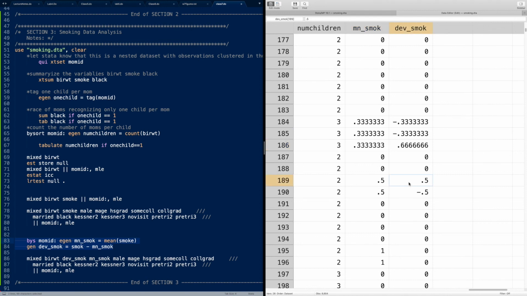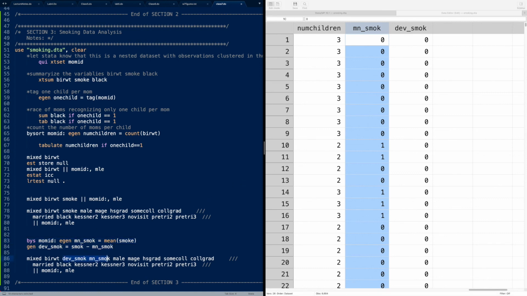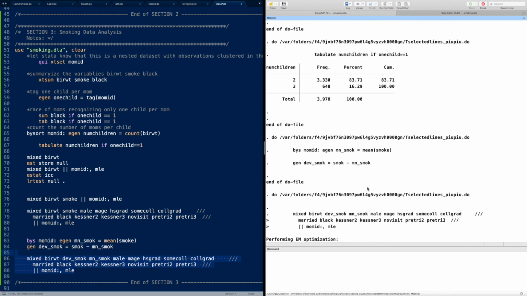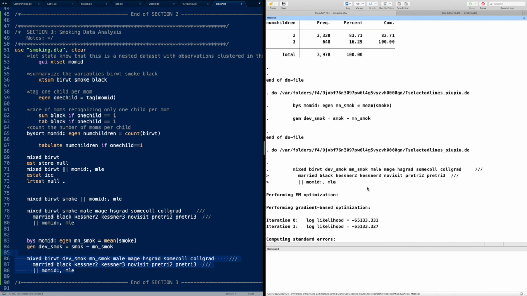The mom smoked for the first birth but not the second birth, etc. So now we've isolated the mean effect and the deviation from the mean effect, and so we can split those two, and we do that by just putting these 2 variables in the model instead of smoking and estimating our model.